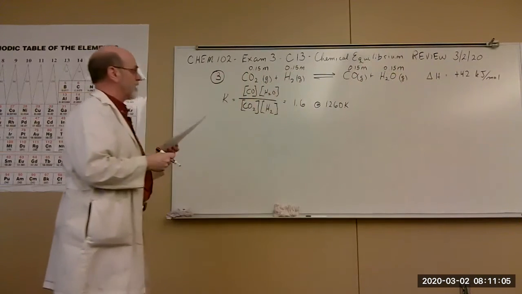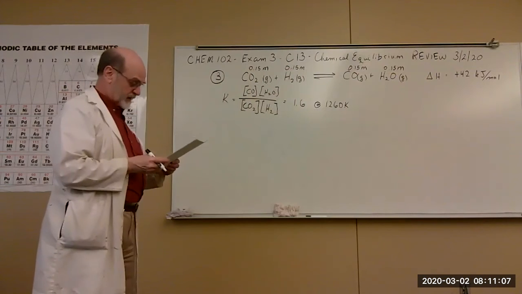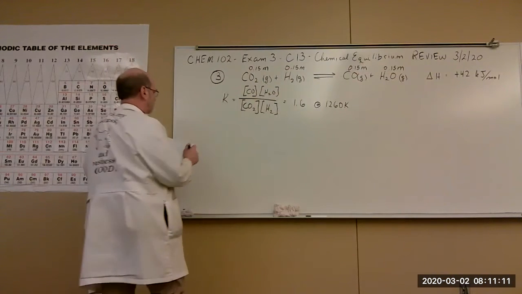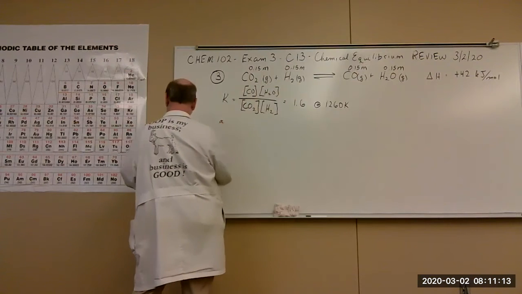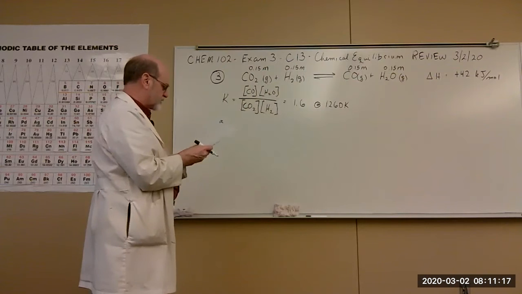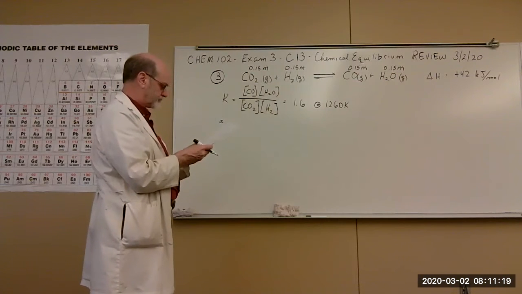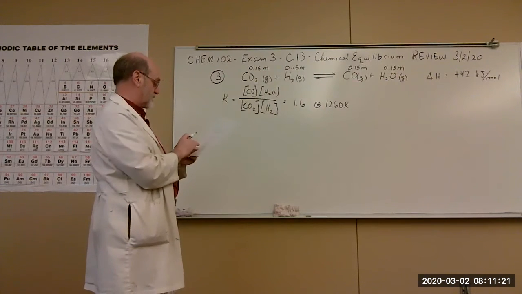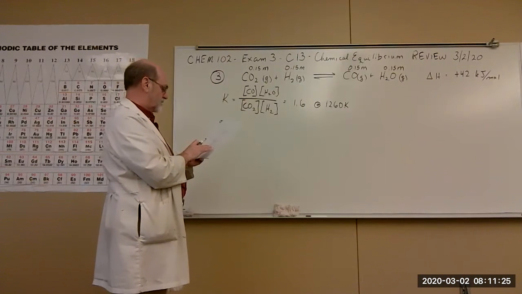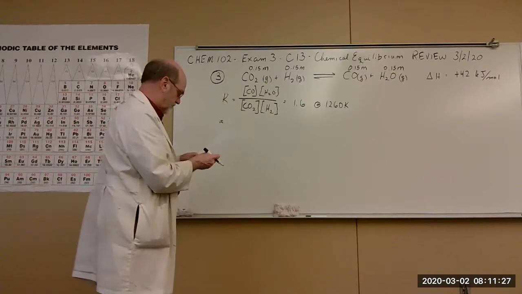Now, we may not need all this information, but it is given, so I'm going to put it up there. Then the question: as the system comes to equilibrium, let's see. Okay.